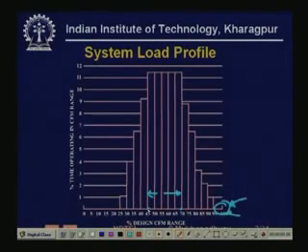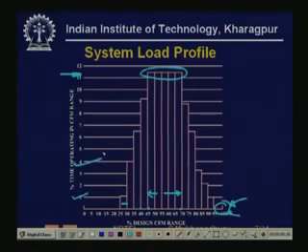Similarly, it stays between 40 and 45% for about 11 point something percent of the time. So 1, 2, 3, 4, 5, about more than 50% of the time it stays within this flow range, and similarly it stays within 25 to 30% for 1% of time and 30 to 35% about 4% of time, and so on.